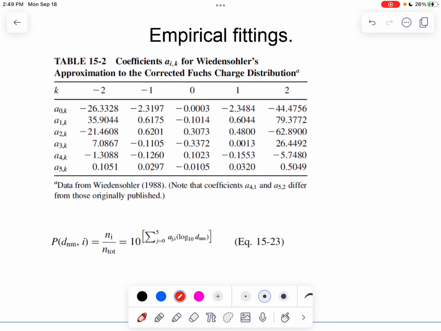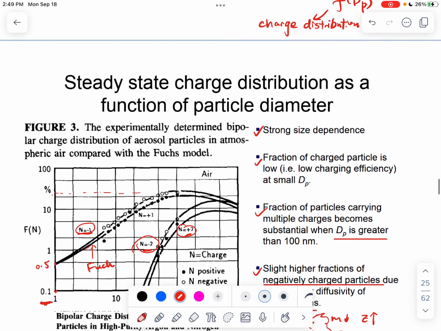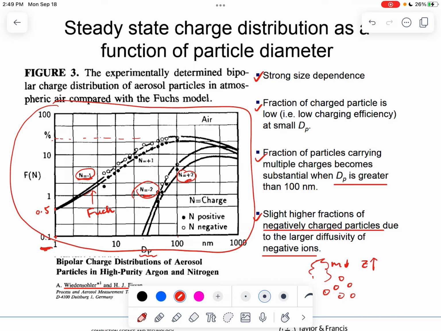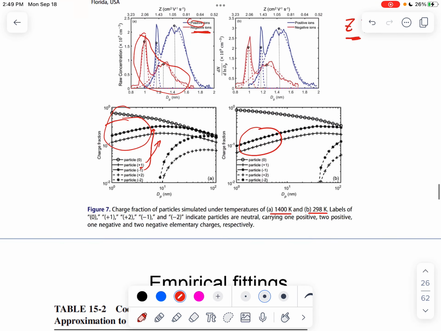So in most scenarios, people will use these bipolar diffusion chargers to monitor the ambient aerosol size distribution. Because of that, people could just assume that the charge distribution is what's being predicted by the Fuchs charging theory, right? So under this situation, we assume that the charge distribution is unchanged because we're just doing these measurements under room temperature, right?